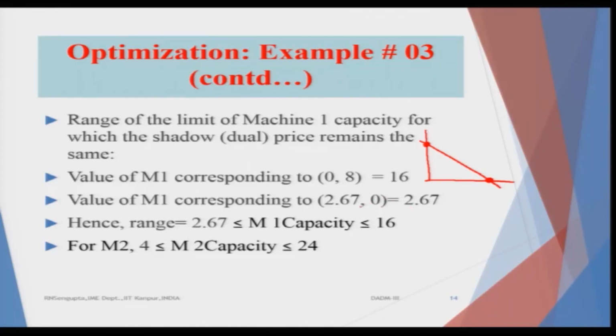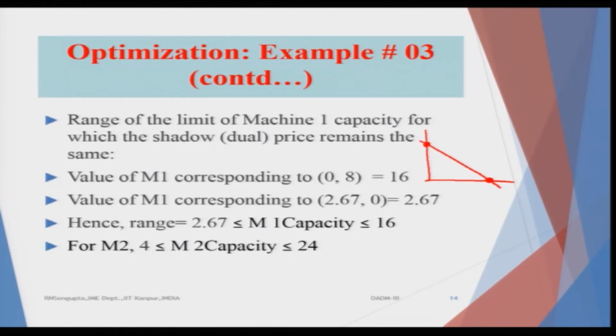In one case if it is x1, this is 2.67 and 0, and this value is 0 and 8. So, the constraints would be such that the values of the utilization of machine 1 would dictate what the utilization actually is as per the norm, the total utilization which you have.